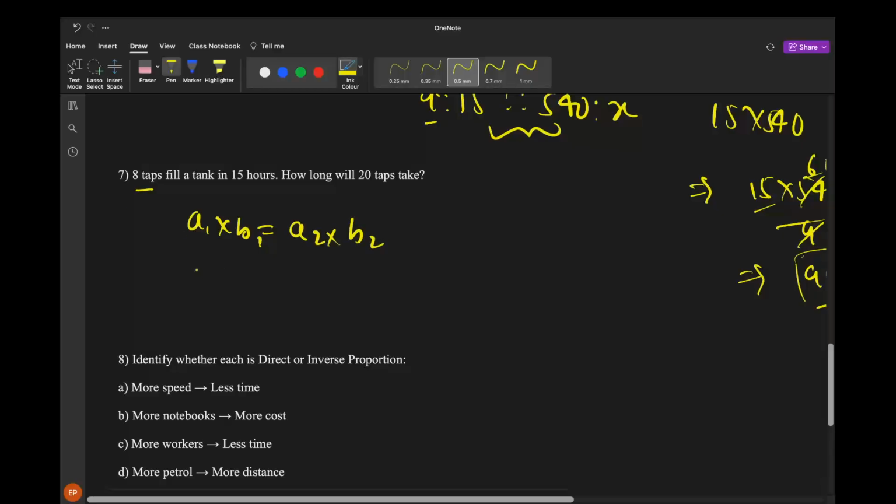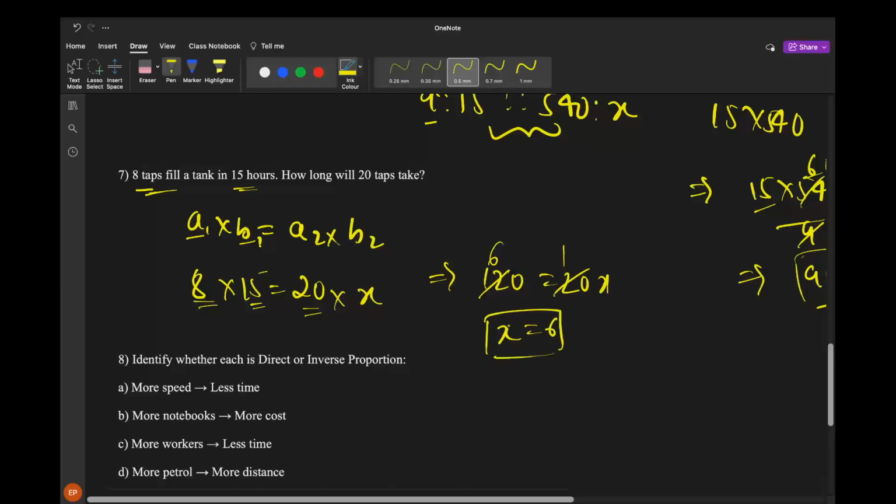Here A1 is 8 taps, A2 is 20 taps, B1 is 15 hours because A1 belongs to B1. 8 taps taking 15 hours, 20 taps how much time? 8 15s are 120, equals 20 into X, so X equals 6, means 6 hours. Time is decreasing, taps are increasing, that's it.